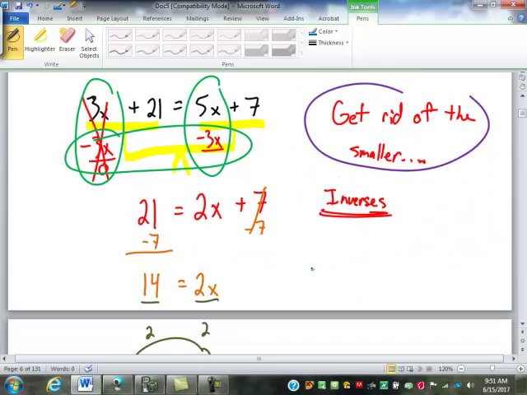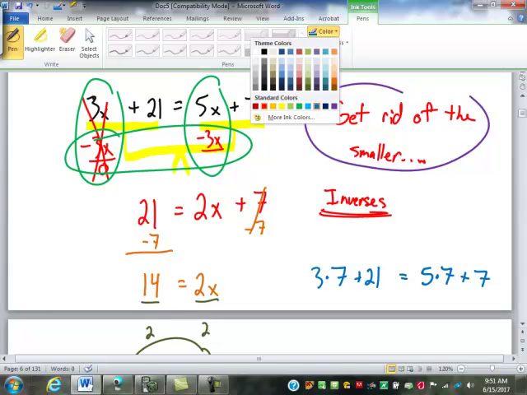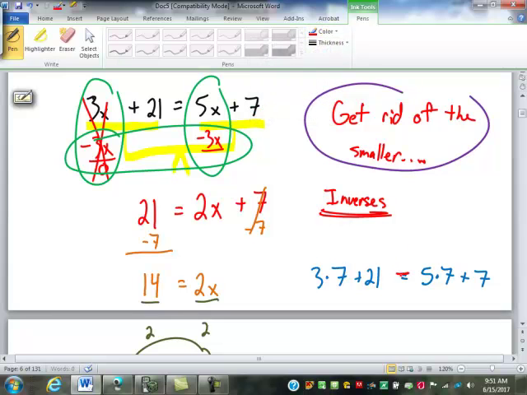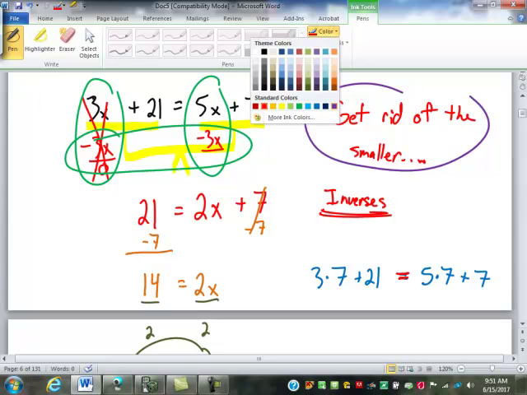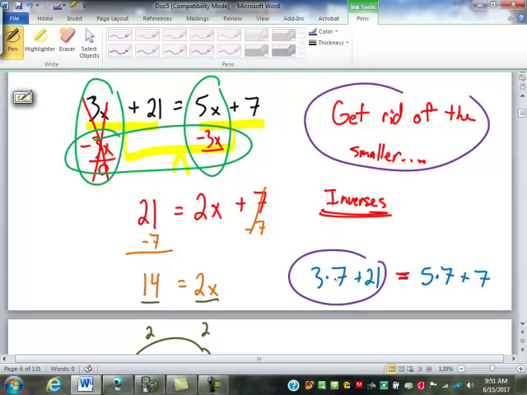So 3x becomes 3 times 7 plus 21 equals 5x becomes, well, 5 times 7 plus 7. Now, as I mentioned before, I can work on each side of this equal sign separately. So I'm going to treat the left side as a separate problem. What do I do first here?